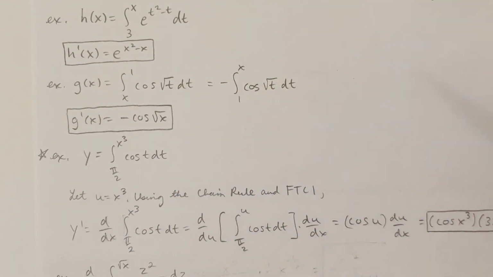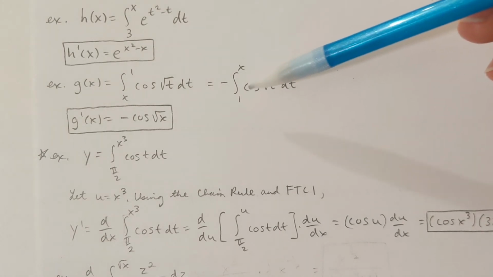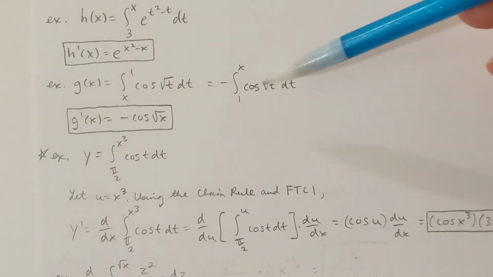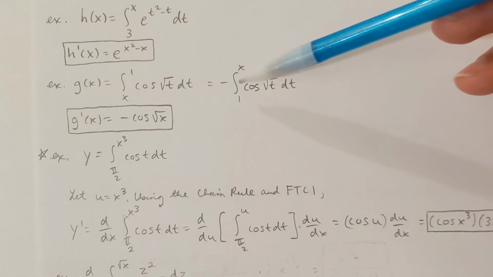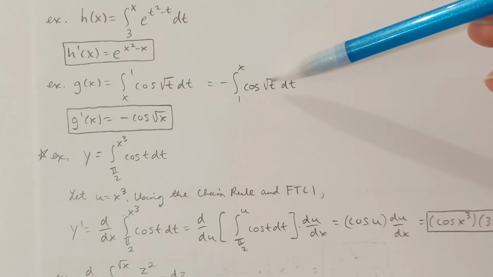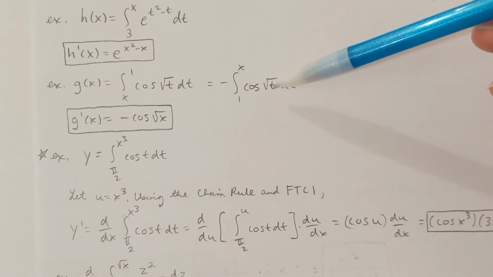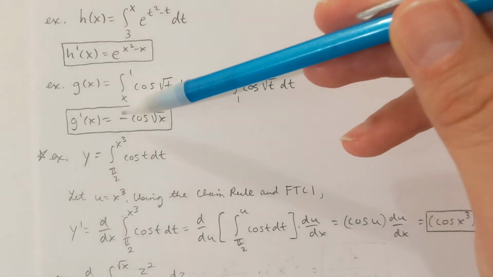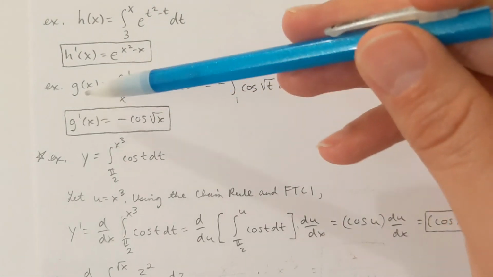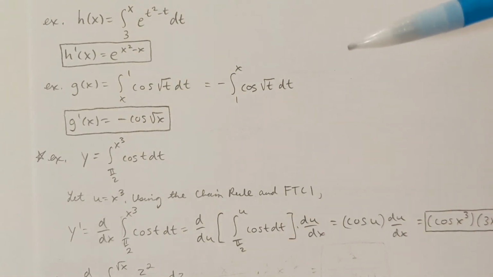We saw a property in the last section that allows us to switch the bounds if we throw a negative in front of the integral. So I've done that. Now I can just plug the upper bound into the integrand. And of course, I still have the minus there in front. So negative cosine of the square root of x would be the derivative of g with respect to x.